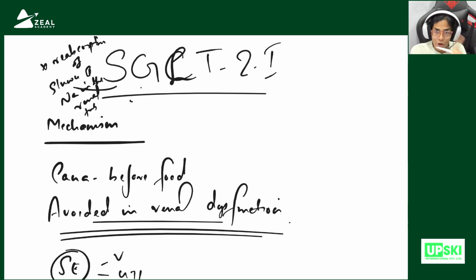They inhibit the reabsorption of glucose and sodium back into the blood, which in turn increases the excretion of sodium and glucose. More excretion of glucose will reduce the plasma glucose. That's the mechanism. Here canagliflozin must be taken before food. All other drugs can be taken after food.